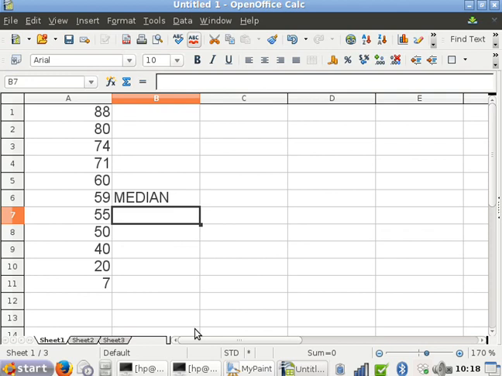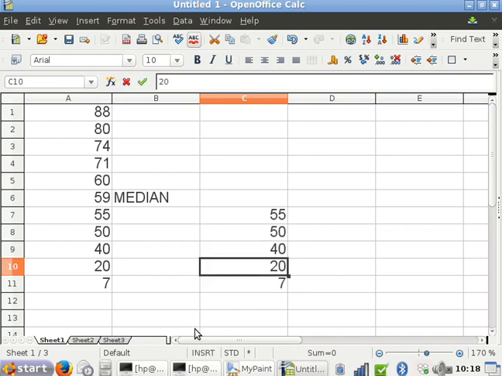Now, I'm going to use both methods to calculate the upper and lower quartile. The first one I asked for is the exclusive method, meaning I exclude the 59. So if I have 55, 50, 40, 20, and 7, that's 1, 2, 3, 4, 5.